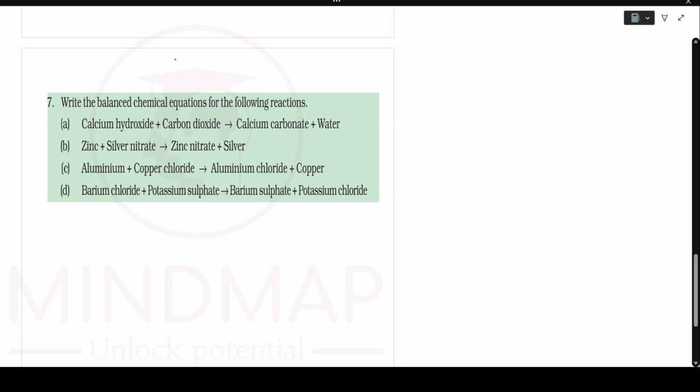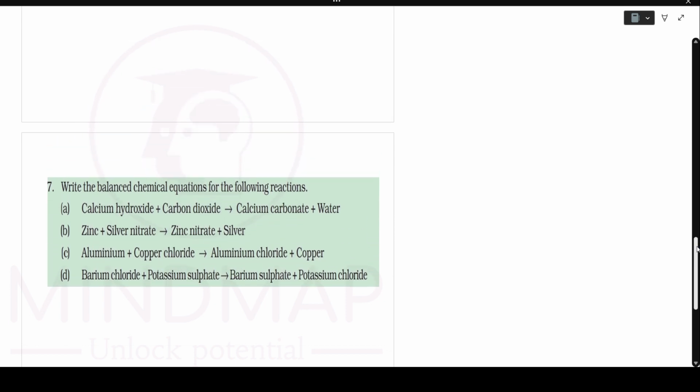Question number 7 is, write the balanced chemical equation for the following reaction. Here again you have to write first the chemical equation and then you have to balance, right?